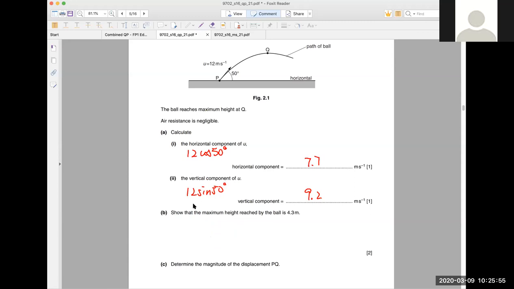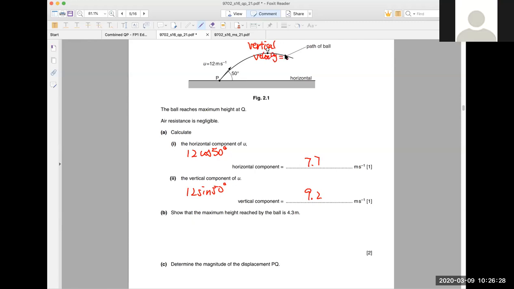So how can you do this? For the maximum height, it is the vertical displacement, so you need to use the vertical component of U. At the highest point, the vertical velocity is 0.